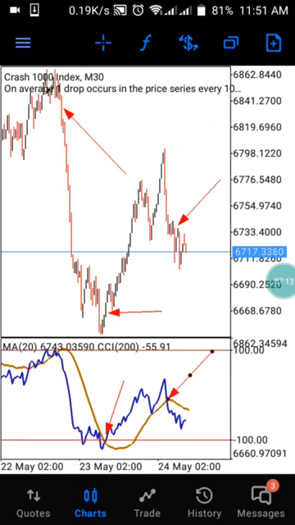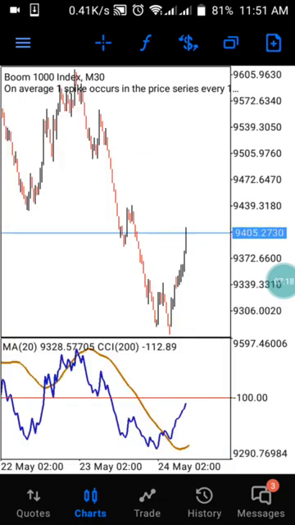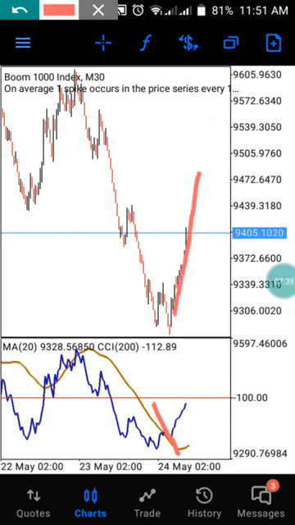So this strategy also works on Boom 1000, also on 30-minute time frames. What you just need to do on 30-minute time frames is, anytime our yellow line is crossing over the blue line on an uptrend, we are going to be having a downtrend. And anytime our yellow line is crossing on a downtrend, we are going to be having an uptrend.